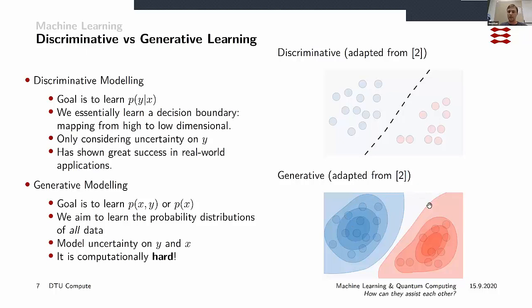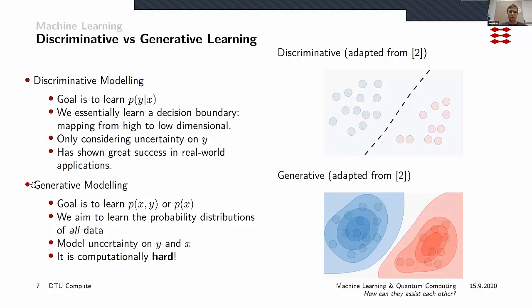We could imagine again having cats over here as the red ones and dogs over here as the blue ones. If we were to introduce a new point over here, which is far away from either class, we would have a very large uncertainty. We wouldn't really know which class it belonged to. Whereas up here, we would immediately say, oh, it's a cat, even though that might be a third animal. So this is a much harder task.